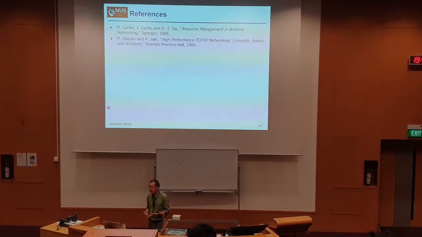So TCP/IP actually fails when you want to do large data transfers over long distances. You may have a 10G line, 10 gigabits per second, or 100G line from Singapore to Los Angeles. But if you use traditional TCP/IP and you tune it, at best you can get is 30 to 40 megabits per second.